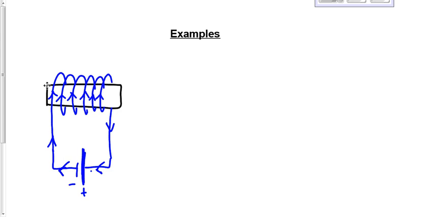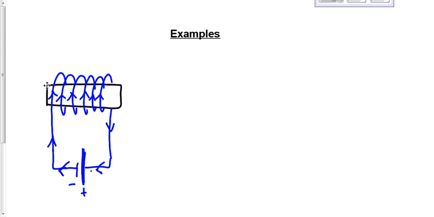Which way does my thumb point? Remember, fingers and thumb have to be 90 degrees to each other, right angles. Which way does my thumb point when my fingers are pointing up on the word front? You're using your right hand. It's pointing to the right.